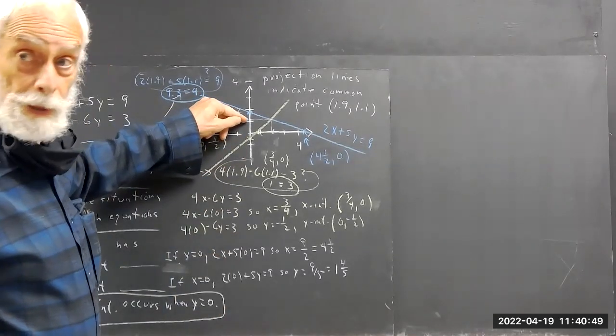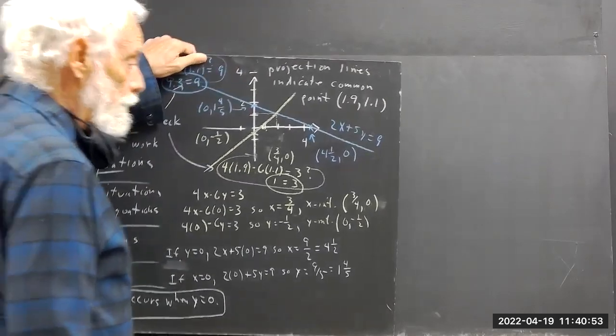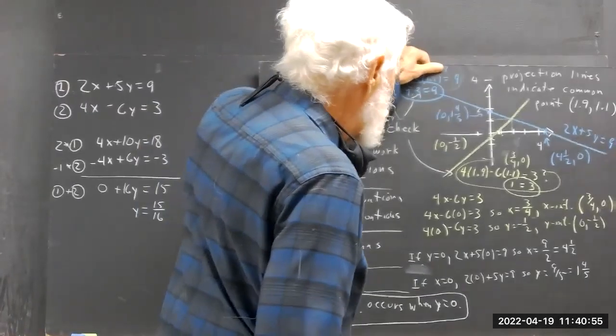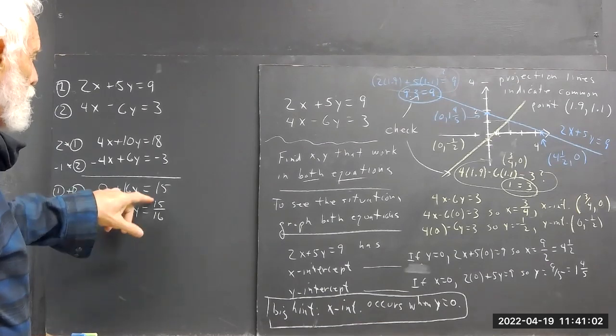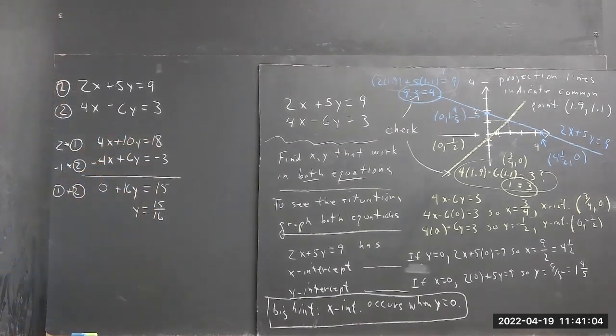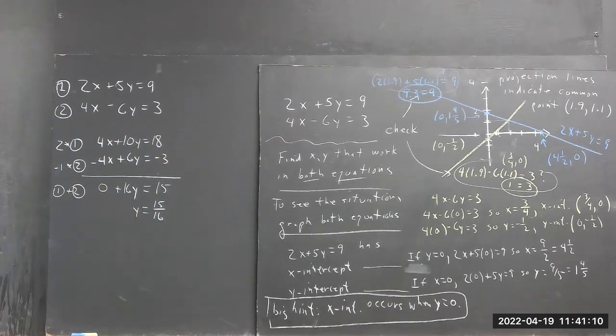It wasn't off by that much. If I kept that line straight, I probably would have come out with a better estimate for Y. I might not have gotten 15/16. It's very unlikely that I'd be able to read the graph carefully enough to get this, but I got something a little bit less than 1.